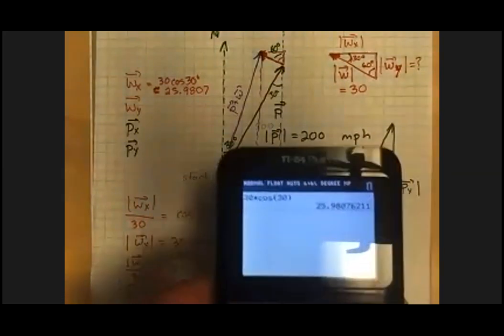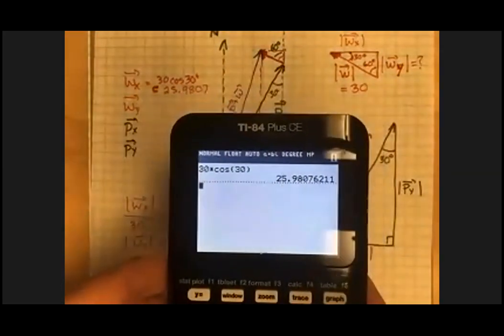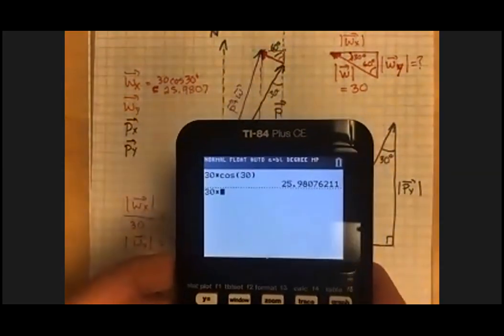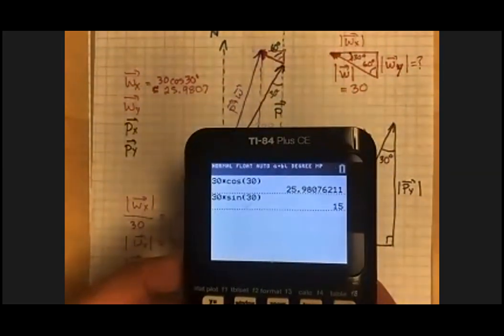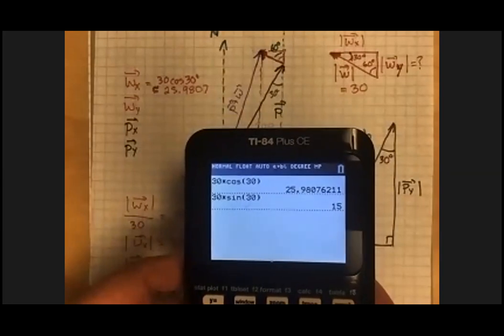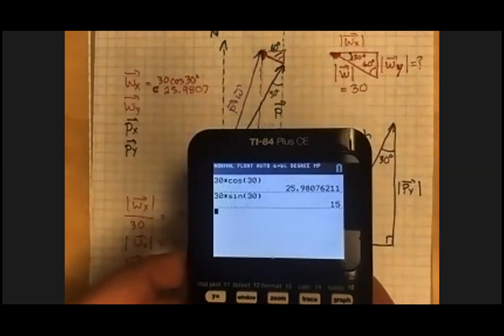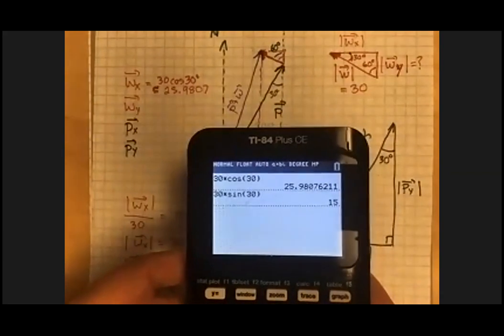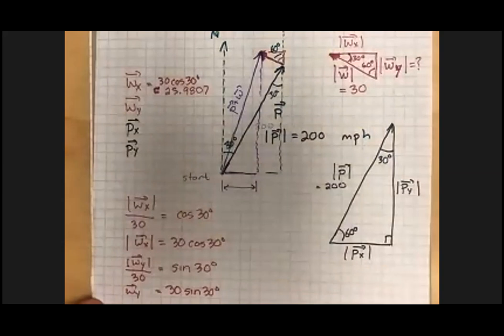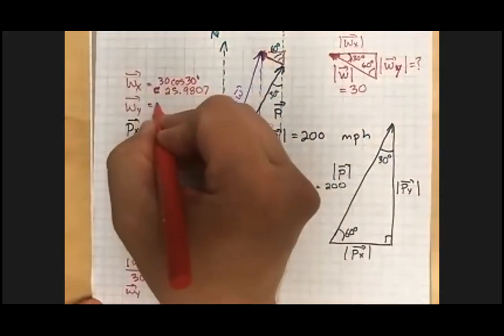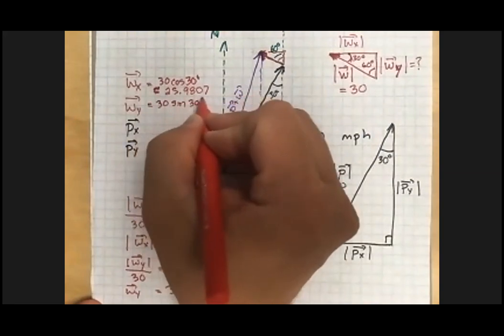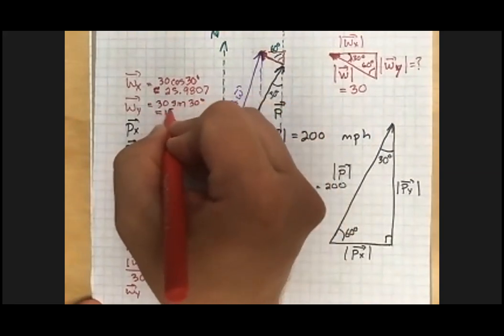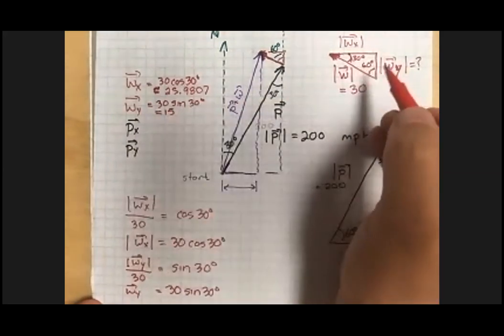I'll enter that on the calculator and just make a note of it. 30 times sine 30 degrees. That's exactly 15, apparently. Now, if you know your 30, 60, 90 triangles, you know why that's exactly 15. I'll point that out, but just really write down 15. So it's exactly 30 sine 30 degrees, but that's exactly 15 miles per hour.